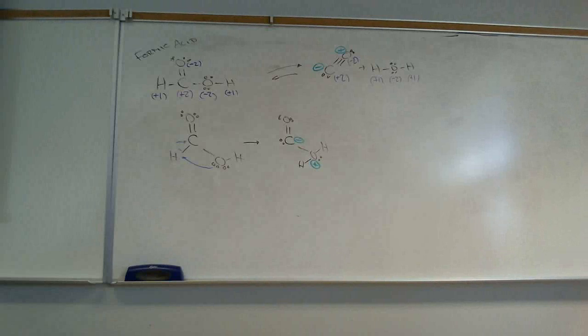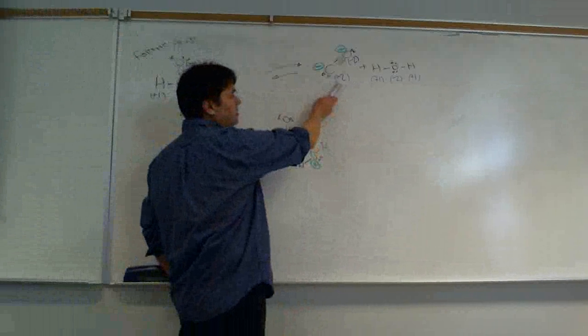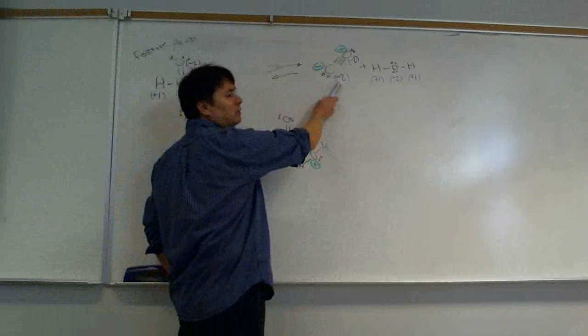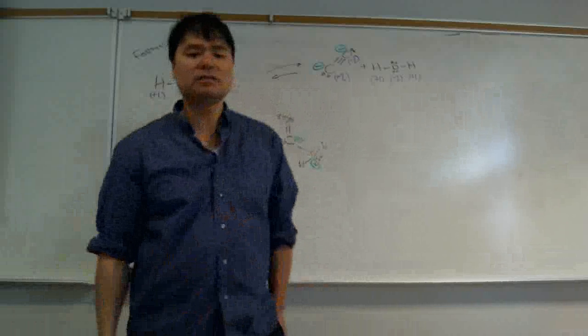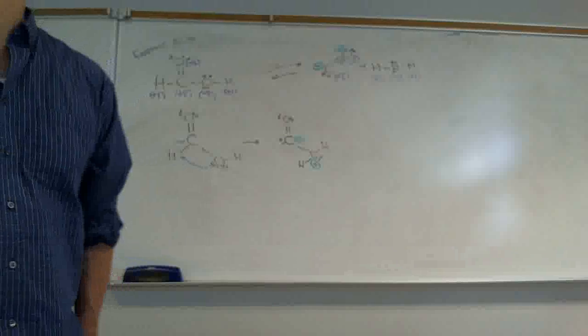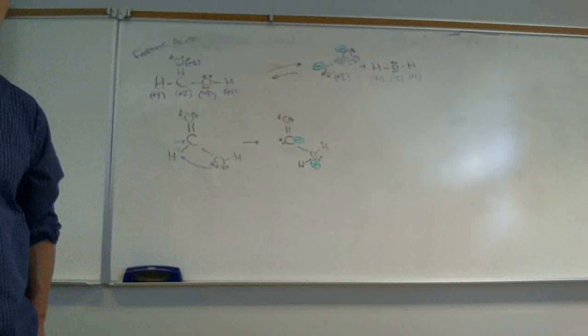Now something else looks very funny about this. Oxidation state says the carbon is positive. Formal charge says the carbon is negative. What is it? Is it positive or is it negative? It's negative.